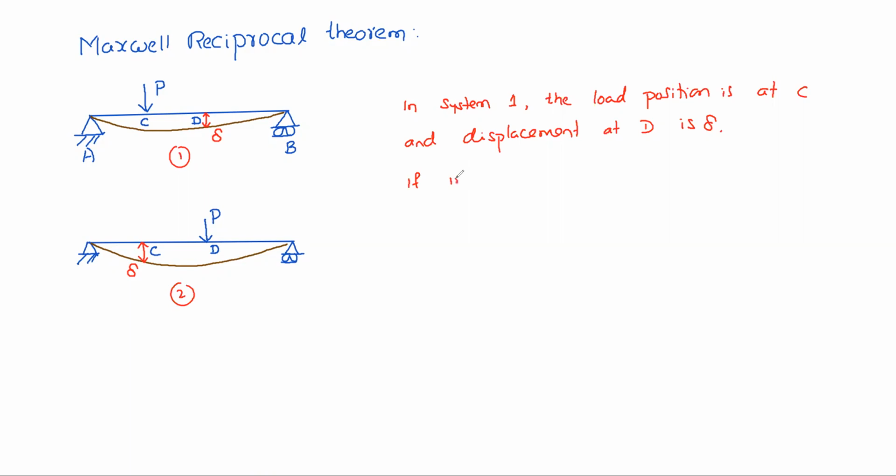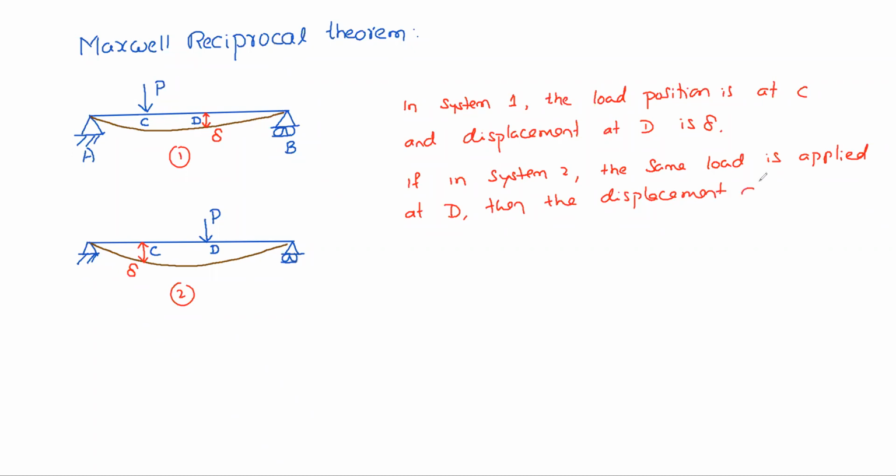If in system 2, the same load is applied at D, then the displacement at C would be delta. So this is the reciprocal theorem.